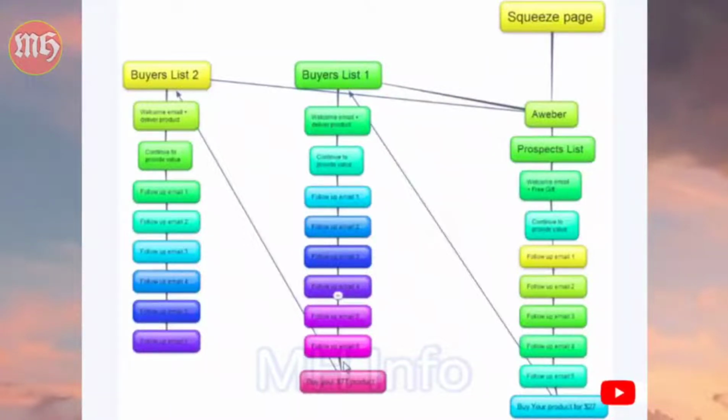Your next product that you sell wants to be in the range of $17 to $27. It all basically depends on how much you charge for the first product.